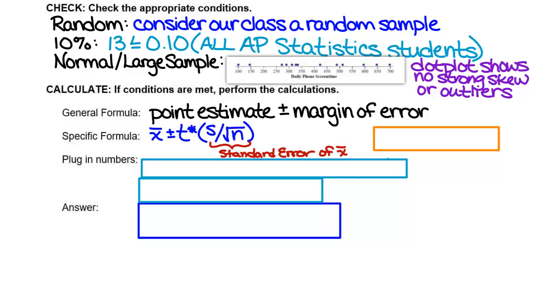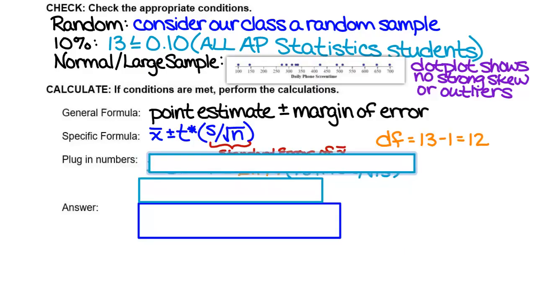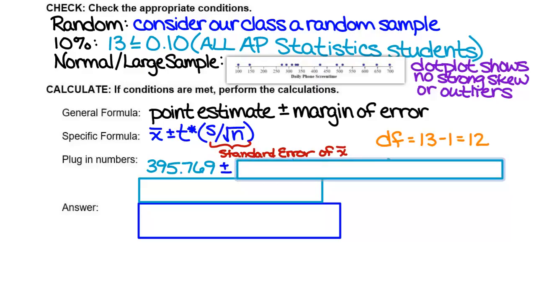Okay, degrees of freedom here. 12 degrees of freedom. It's going to be n minus 1. Since we had 13 pieces of data collected, we have 12 degrees of freedom. So then we plug our numbers in. What was our X bar again? $395.769 plus or minus, and then we need T star.